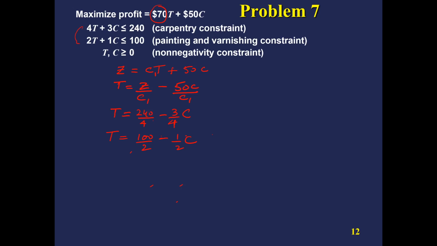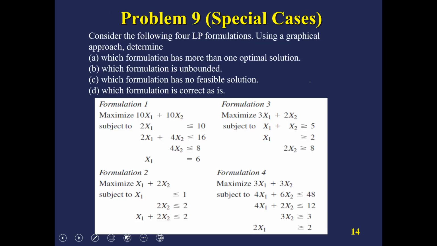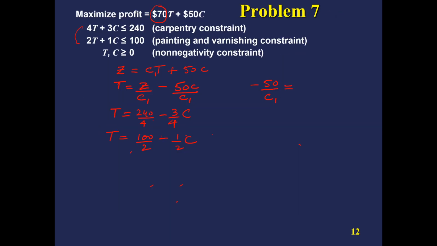So we say that minus 50 over C1 is equal to minus 3 over 4, and from here we get C1 is equal to 66.67.